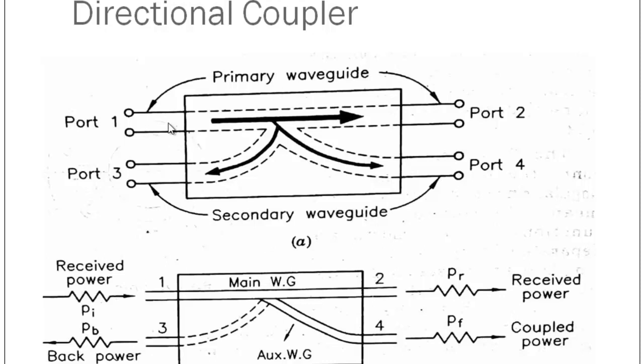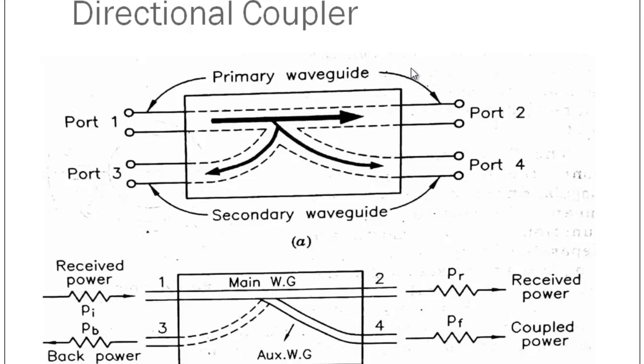Let us assume that all ports of the directional coupler, port number 1, 2, 3 and 4, are perfectly matched to the junction impedance, or we can say well matched to the characteristic impedance of the directional coupler.